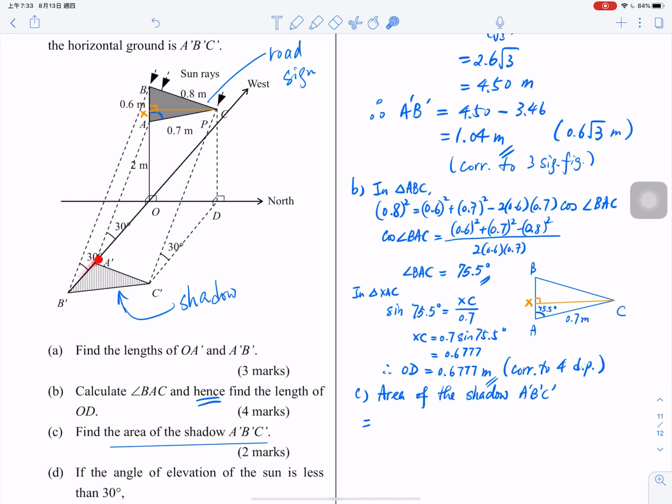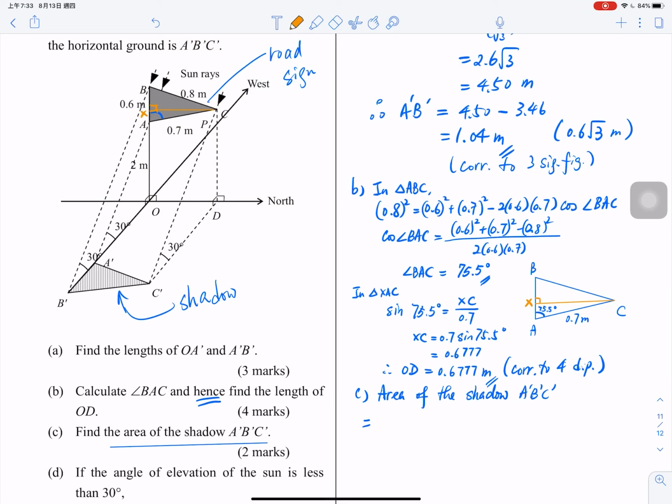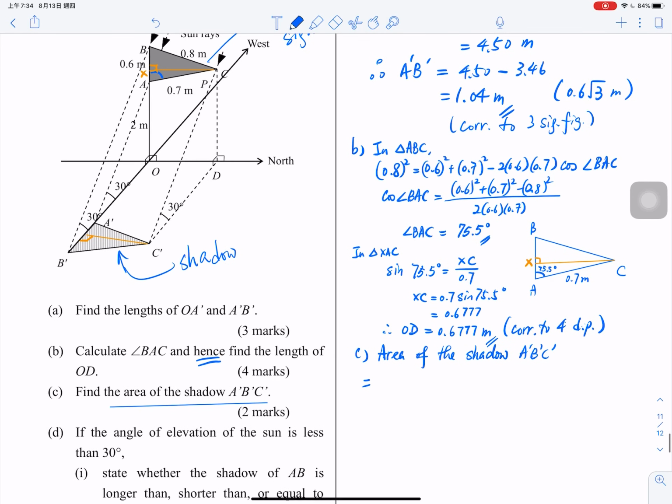If A'B' is the base, then which line is the height of the triangle? Yeah, you say that. Is it this one? Right. Is it the height of the triangle? Correct. Then what is the height? Yeah, same as OD. OD is the same as the length XC.